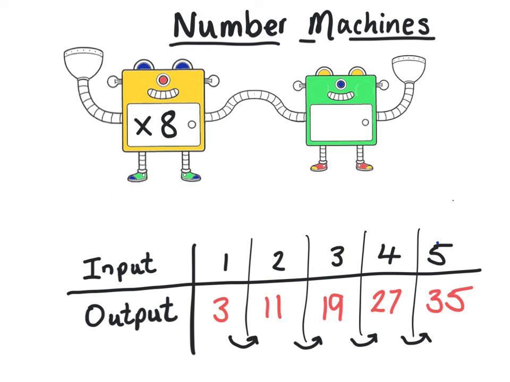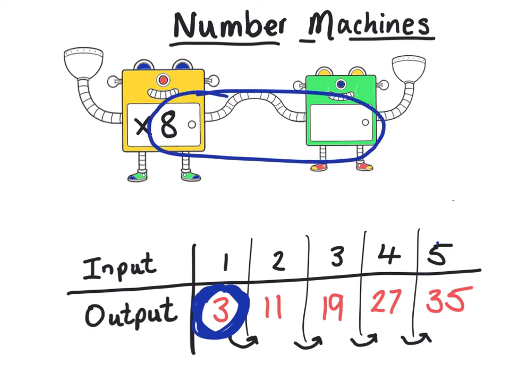Okay. Now then, we know that this number here is the answer to the sum that lies in the number machines. So 8, going from 8, something equals 3. So we need to fill out that box.